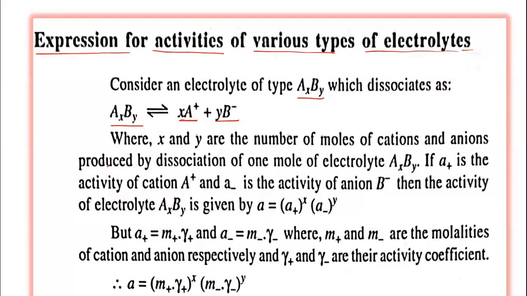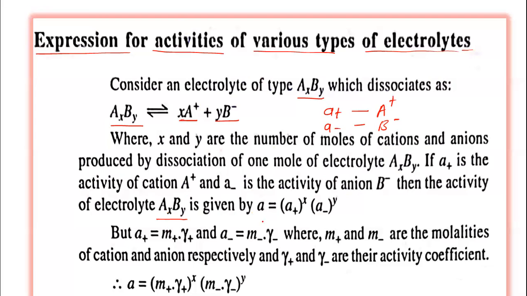Now, if A positive is the activity of the cation A plus, and A negative is the activity of the anion B minus, then we should talk about the activity of the complete electrolyte, containing both cation and anion.